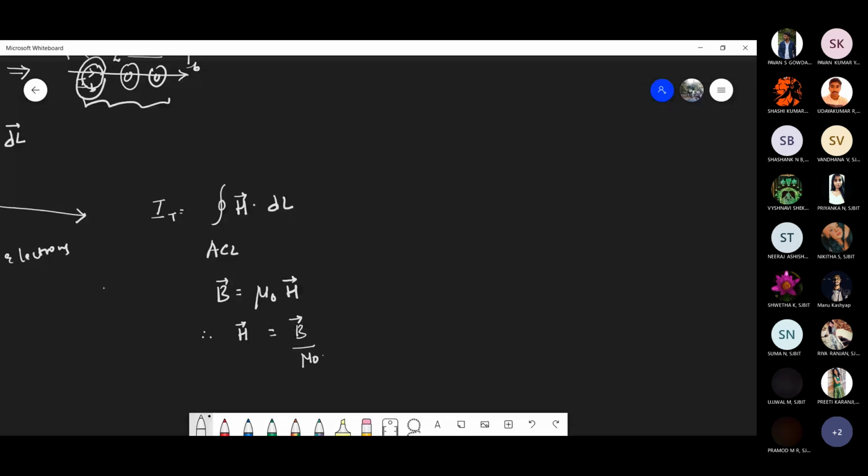If I substitute this equation into the total current, I'll get IT. IT is equal to line integral or contour integral B by mu naught into dl.